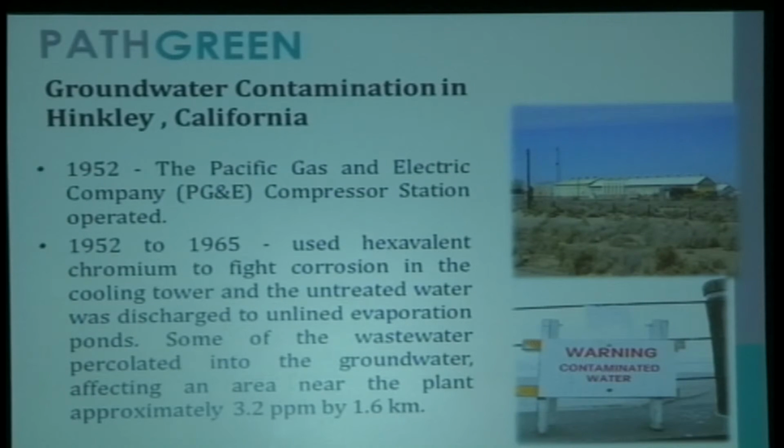They were doing very well initially, okay? But what brought them down was the hexavalent chromium that they used to fight corrosion in the cooling tower. They kept on using this hexavalent chromium to protect their cooling tower. When used over a prolonged period, it is very hazardous.